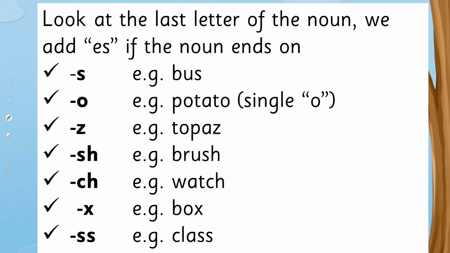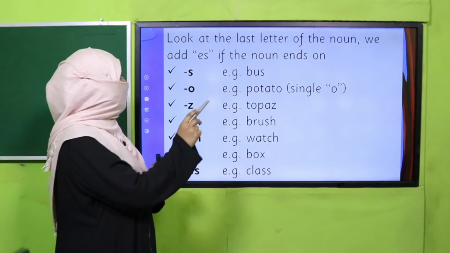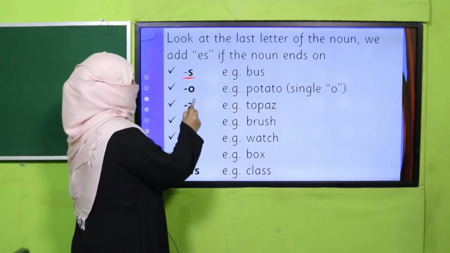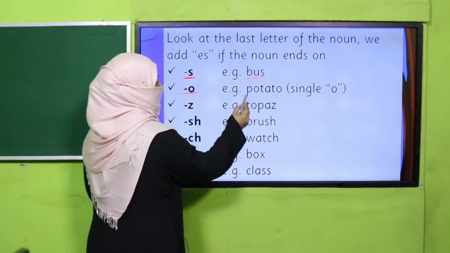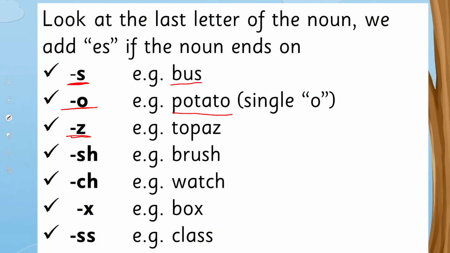And when do we add es? If the noun is ending on s, for example bus. If it is ending on o, for example potato. Z, topaz, SH, brush, CH, watch, X, box, and SS, class.